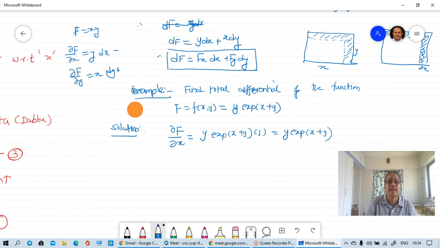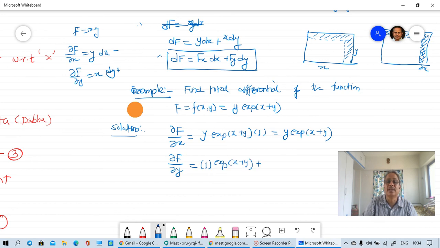Similarly I obtain the second partial differentiation, delta f upon delta y. Here y is a function of y, and this exponential of x plus y is also a function of y. Therefore you have to use the product rule for this differentiation. First differentiating y with respect to y, I'll get 1 into exponential of x plus y as it is.